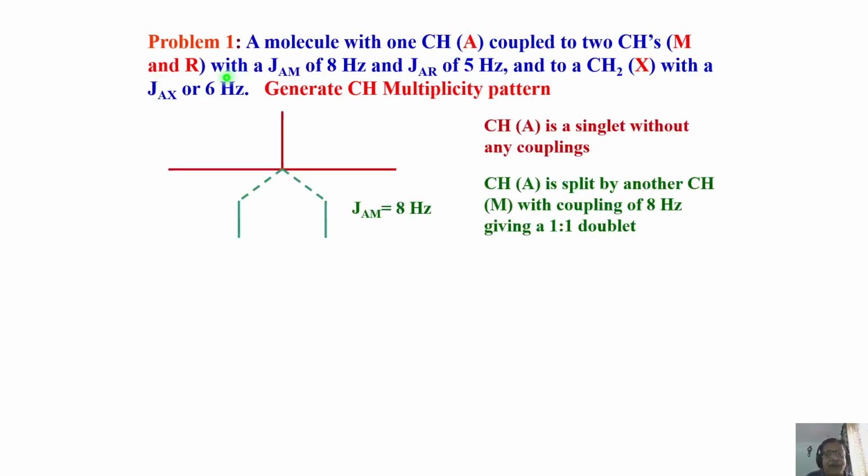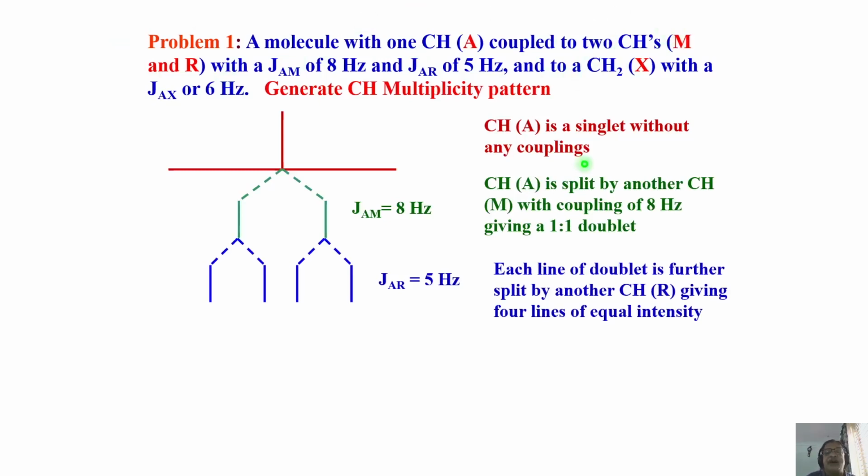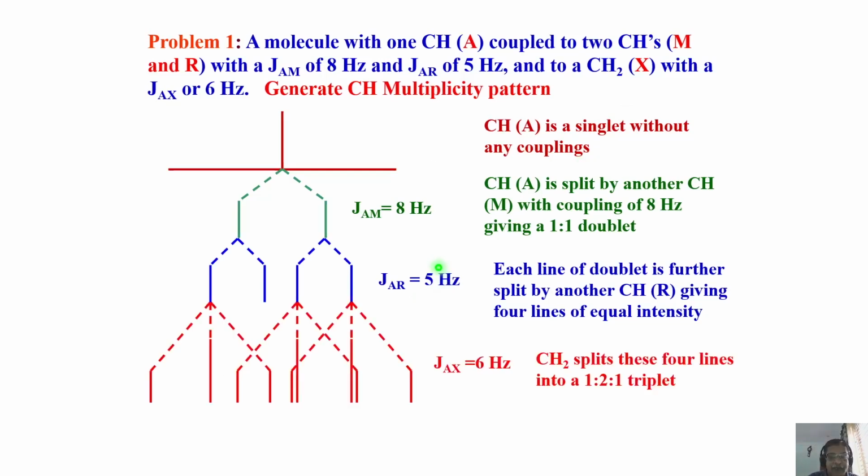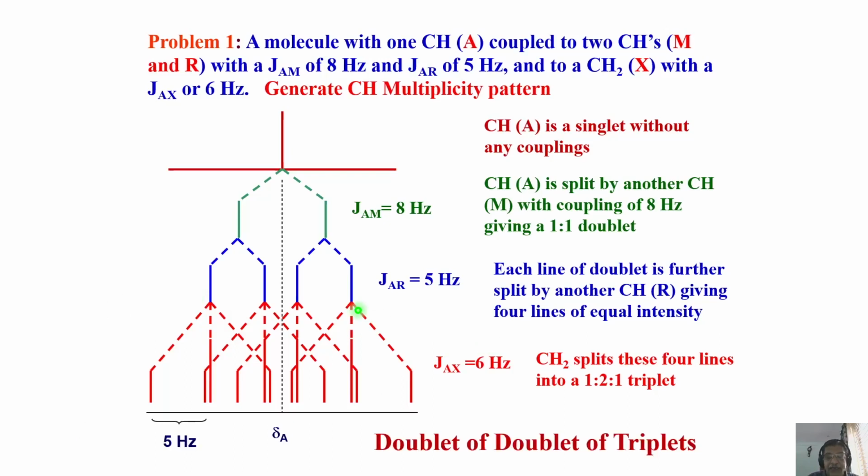The CH proton splits into a doublet because of one of the CHs, each of them splits further into a doublet because of another CH, and each line of this doublet of doublets splits into a triplet because of coupling to the CH2 group. Essentially, as far as the CH group is concerned, the multiplicity pattern is a doublet of doublets of triplets.